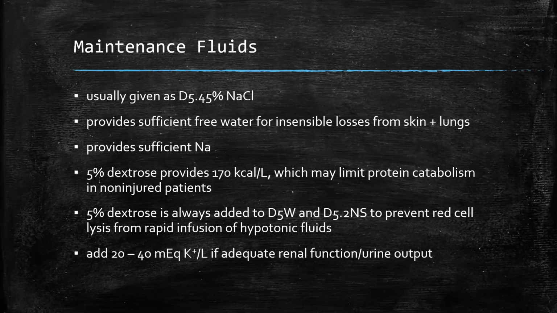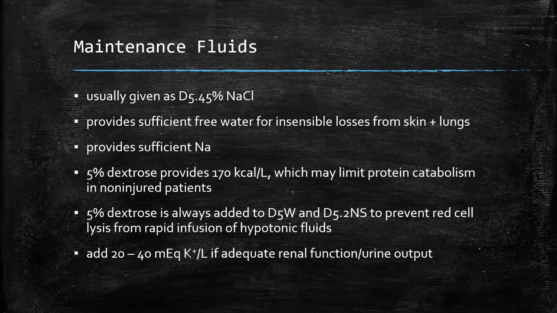In fact, that would be one way that you could make this. If you were going to make normal saline, you'd take 9 grams of salt and dissolve it in a liter of water. Then if you wanted to make half normal saline, you could take that batch and add the same volume of water to it. Basically, you dilute it by half. So these maintenance fluids are half free water and half normal saline.